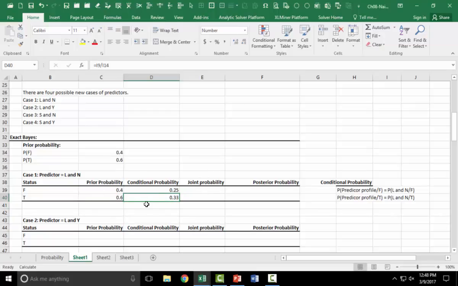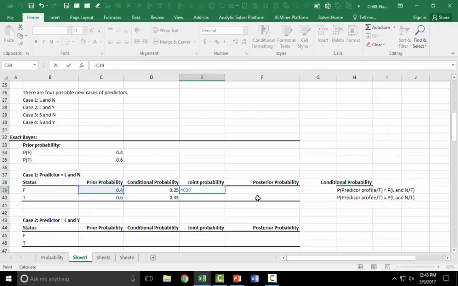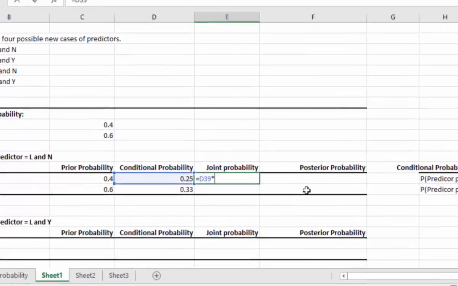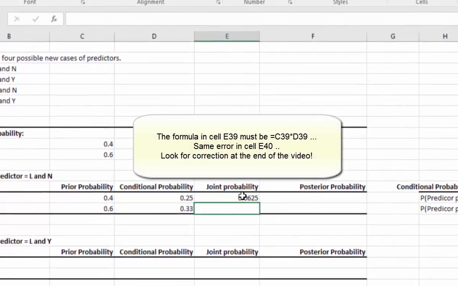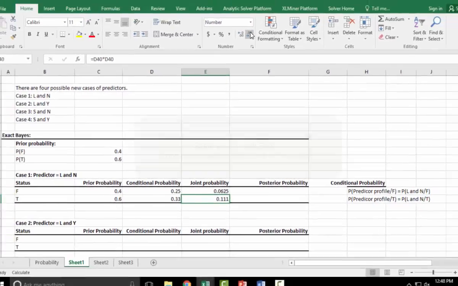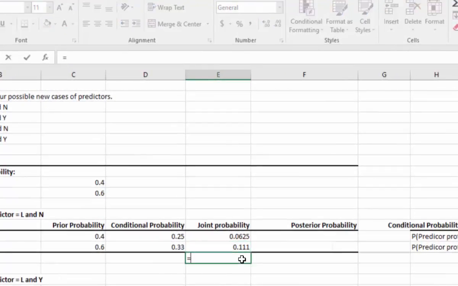Okay, so now we have everything we need to find the posterior probabilities. The conditional probability times prior probability will give you the joint probability, and you do the same thing here. Then you sum. That will give you the probability of the predicted profile.